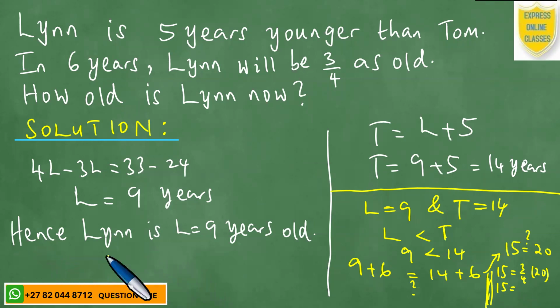Let's play with it over here. We take Lynn's age 9, we add 6, and Tom's age 14, we add 6.